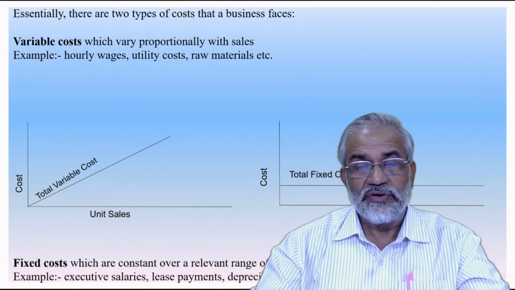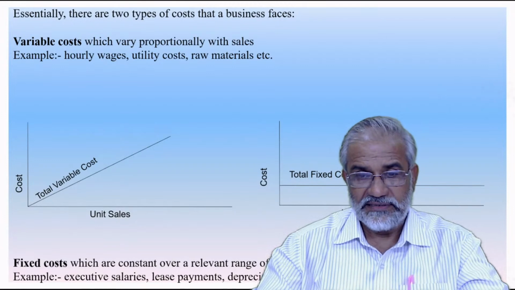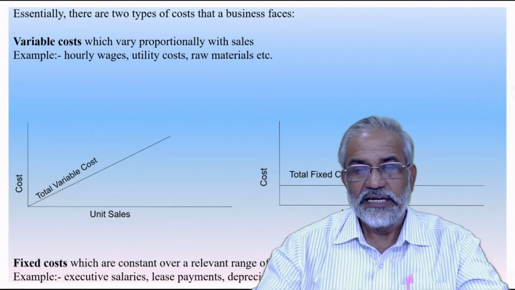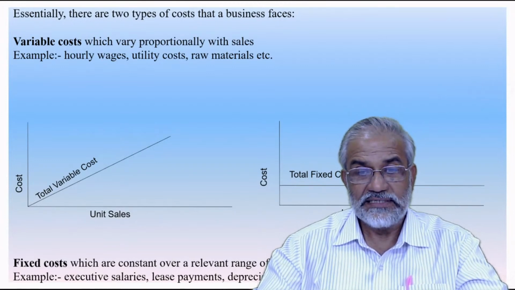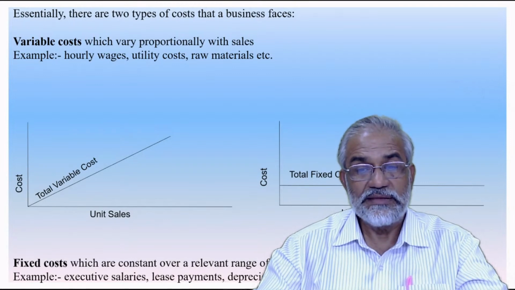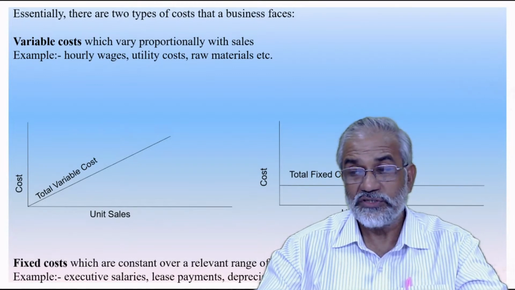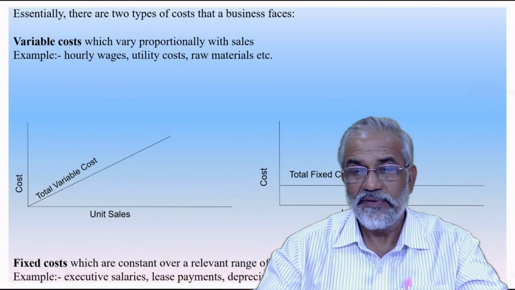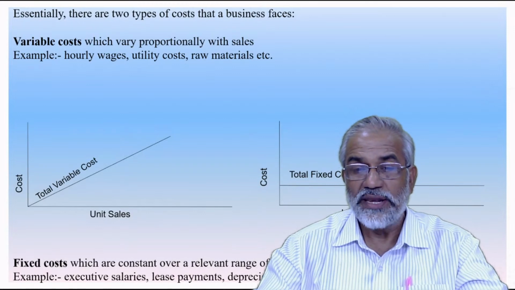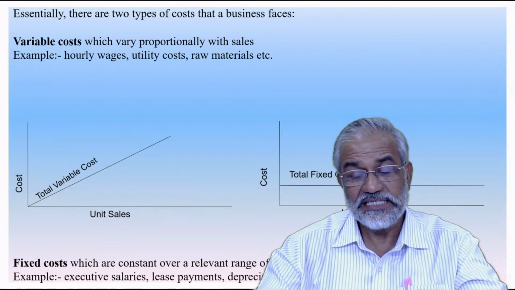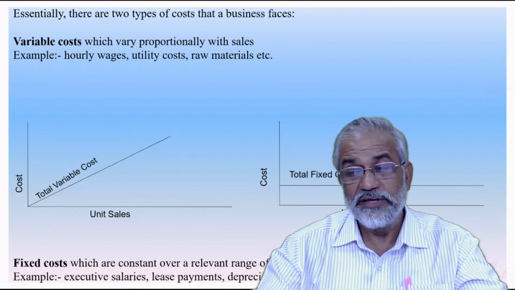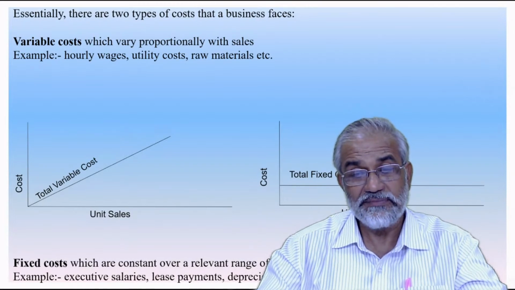And in the other graph, where the fixed cost line is established, it is just parallel to the x-axis because the cost remains constant. The totality of the cost is exactly the same irrespective of the volume of production. When you are producing one unit, the total fixed cost remains the same. When you are producing 100 units, it remains the same.